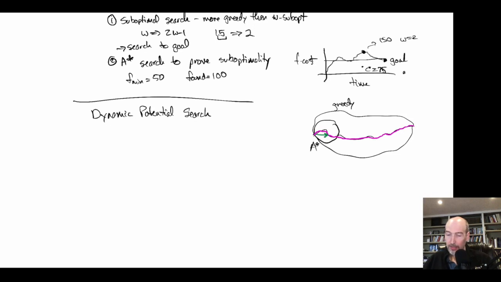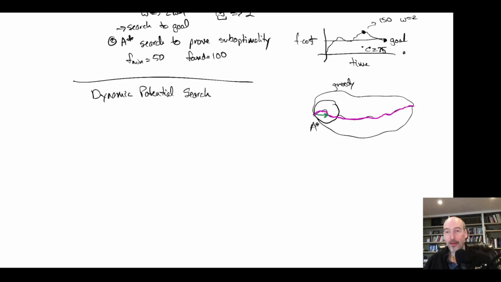Okay, so dynamic potential search says, we care about this fmin because fmin is what we use for proving states. But instead of thinking about just running a search, we're going to think about how much potential a state has to get to the goal within the suboptimality bound, and we're going to prioritize states by the potential they have versus some other measure.